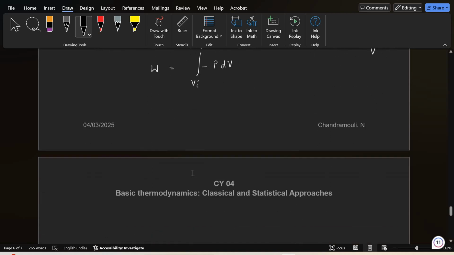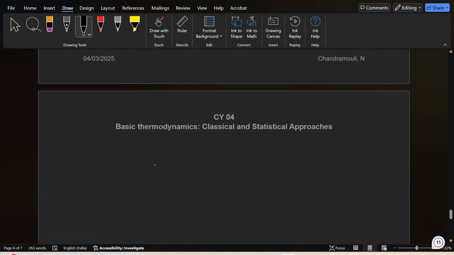It is going to vary with the volume, so we need to find P in terms of constant values. We know the initial point PI, VI, and the final point PF, VF. Now take any arbitrary point within that path, P and V. Then PV to the power gamma is equal to PI VI to the power gamma.